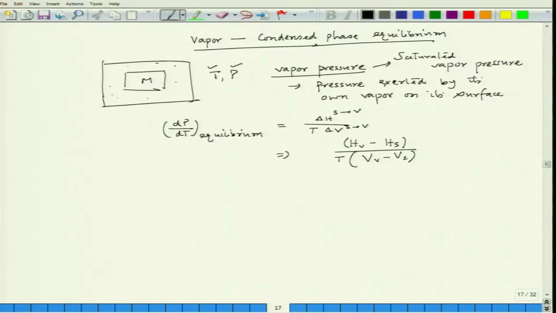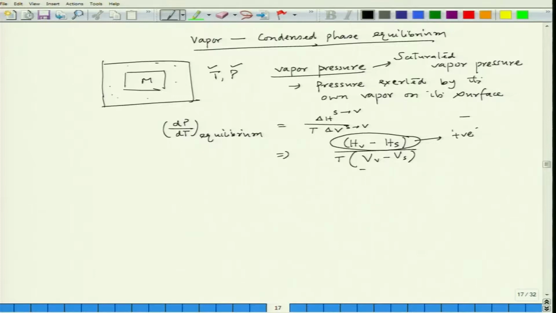I can write this, because here I am considering transformation from solid to vapor, which is nothing but sublimation. Also, this quantity would all the time be positive, because the vapor phase has a much higher Cp than the solid phase. So this quantity is positive.